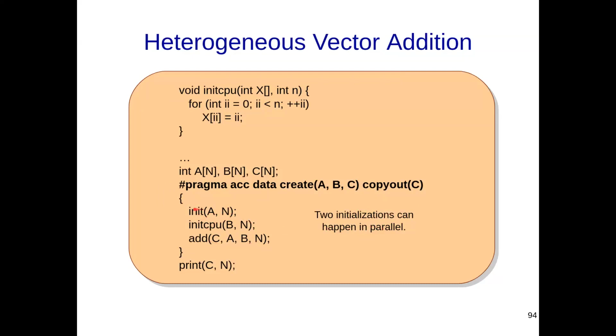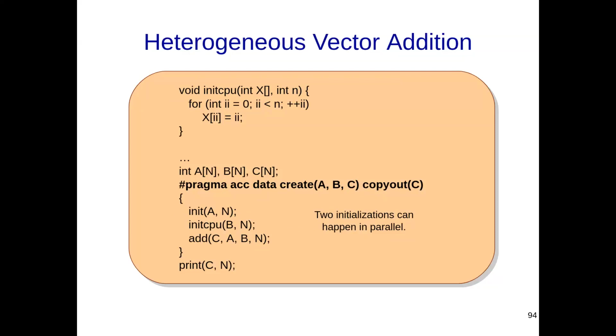But since init is a function which is running on the CPU really, just that the pragma within that is going to be running on the GPU, only the pragma portion inside init is going to be running as a kernel. But otherwise, that init function is still on the CPU, right? So that calling of init is still coming from the CPU. So therefore, this is not going to happen.